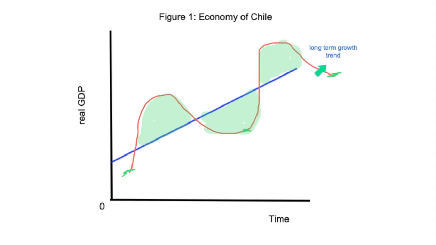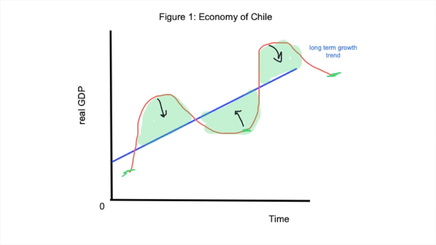So the government's goal would be to keep this line as flat as possible. What they want to do is anticipate the highs and anticipate the lows with fiscal policies that will keep this red line from fluctuating as much as possible, because long-term growth is better steadily than these massive ups and downs.